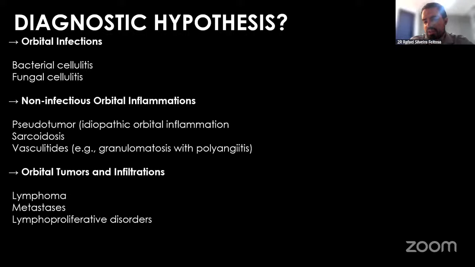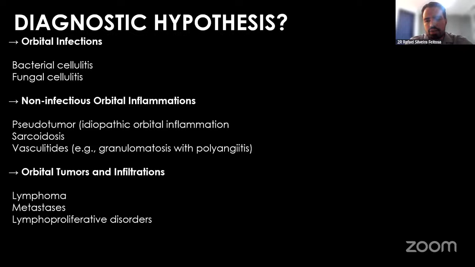So for diagnostic hypothesis, we had a 42-year-old patient with insulin-dependent diabetes mellitus and poor glycemic control. Ophthalmologic examination revealed edema and necrosis in both the eyelid and eyelash region. Among orbital infections, the main differentials would be bacterial cellulitis, which is by far the most common, and fungal cellulitis, typically seen in immunocompromised patients such as diabetics.